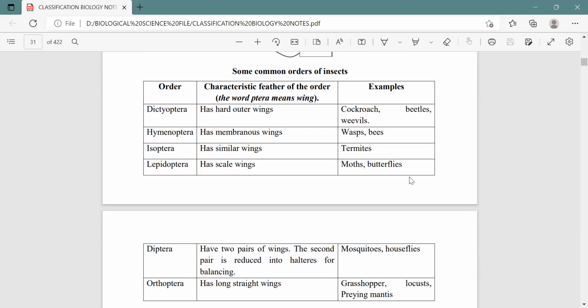The termites, order Isoptera. The bees and wasps, that is Enjuchi Nenumba. Enjuchi are the bees, and Numba are the wasps. The bees and wasps are in order Hymenoptera. The cockroach, the ebiyenje. The beetles and weevils, order Dictyoptera.